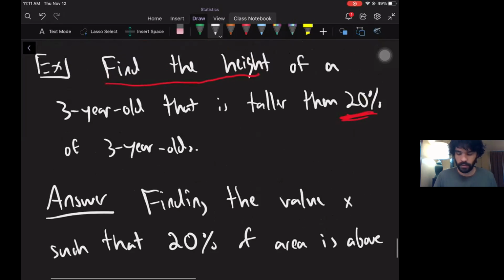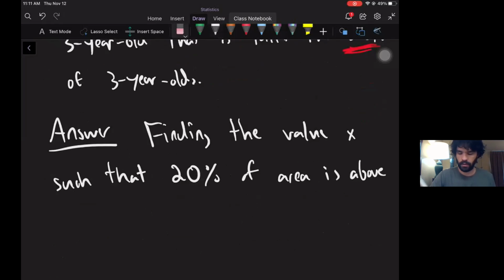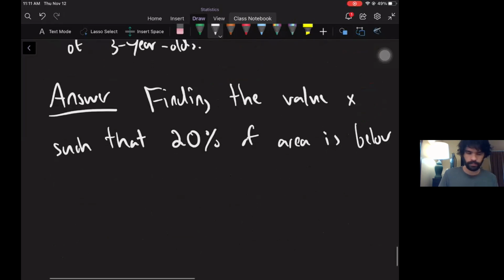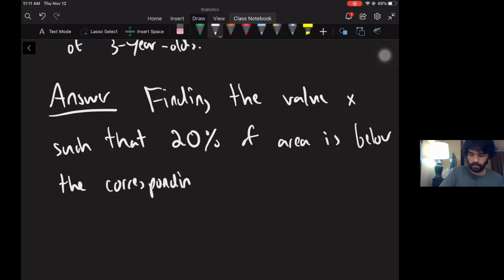Wait, sorry, you want to be taller than 20%, that means you want it below. So we want to find the value of x, find the height, such that 20% of the area is below it. Specifically below that corresponding z-score.